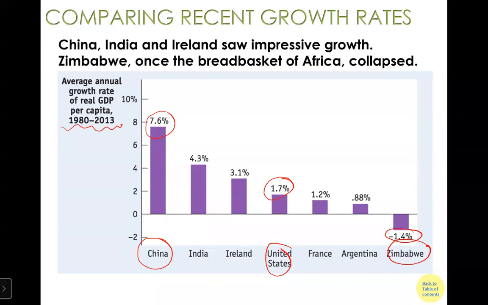From 1980 to 2018, they improved their per capita GDP by over 800%. By comparison, for the United States at 1.7%, to reach this level it's going to take a century, or more than 3 times as long.